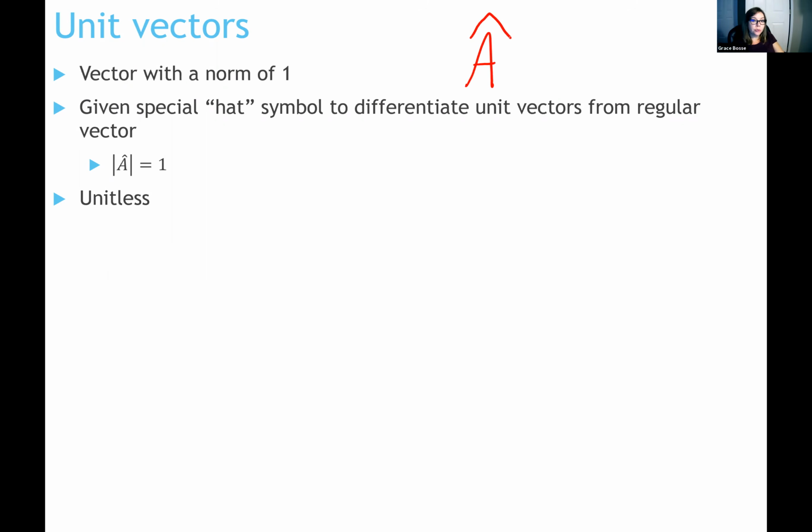Sometimes I'll say unit vector A, sometimes I'll say a hat. Those phrases should signify in your brain that this is a unit vector and it has a norm of 1 unit. So it doesn't have any units involved with it. The norm of a unit vector is literally the number 1, no units allowed.